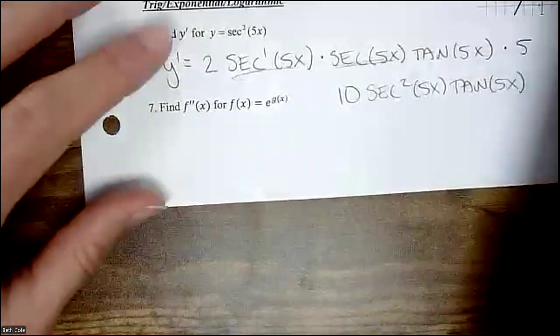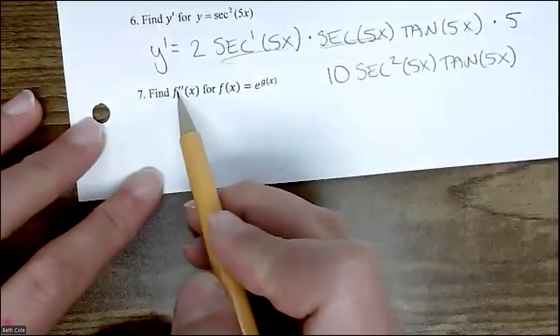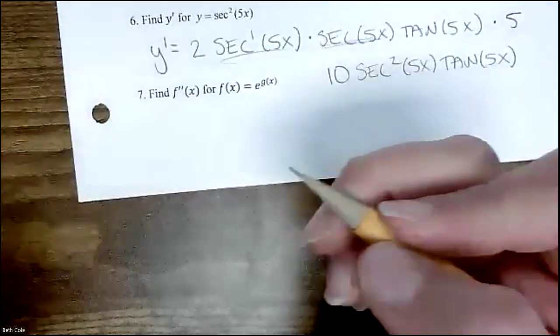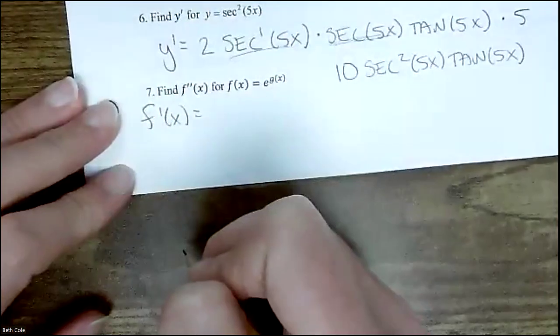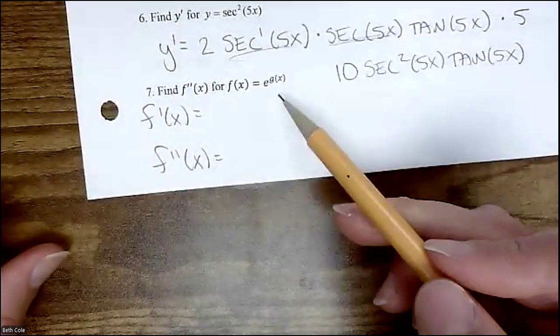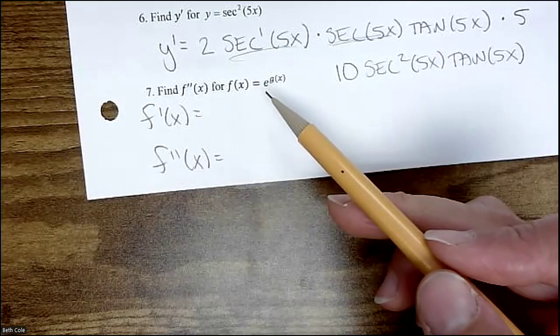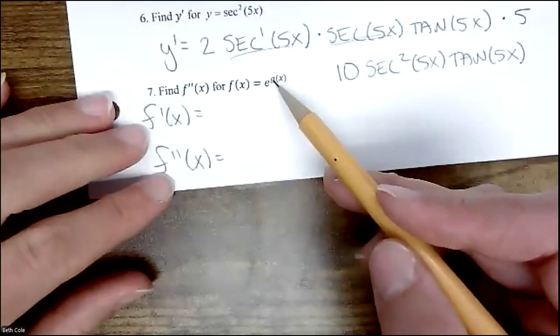All right, almost done with this page. So what does this mean? Yeah, prime, second derivative. So let's get our first derivative, and then we'll get the second derivative. So it's e to the power g of x. It's e to stuff. So what rule is that? That is chain rule.